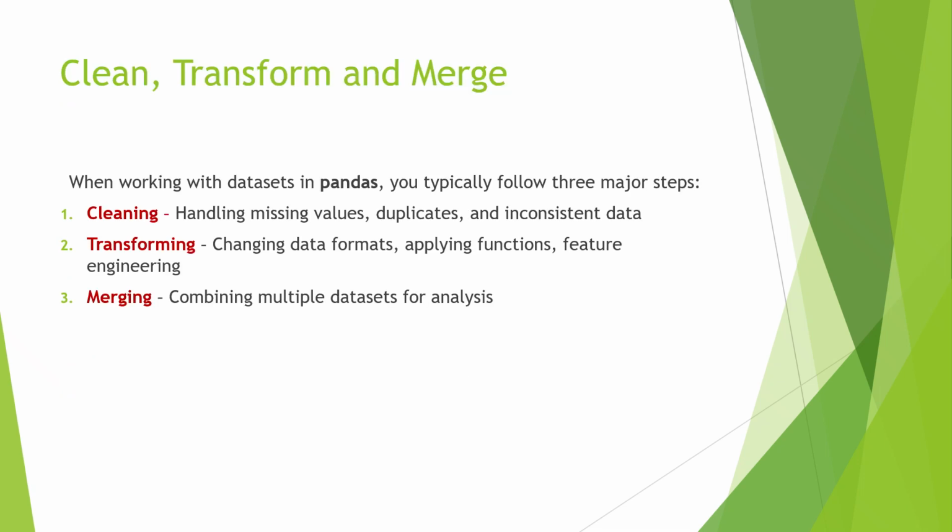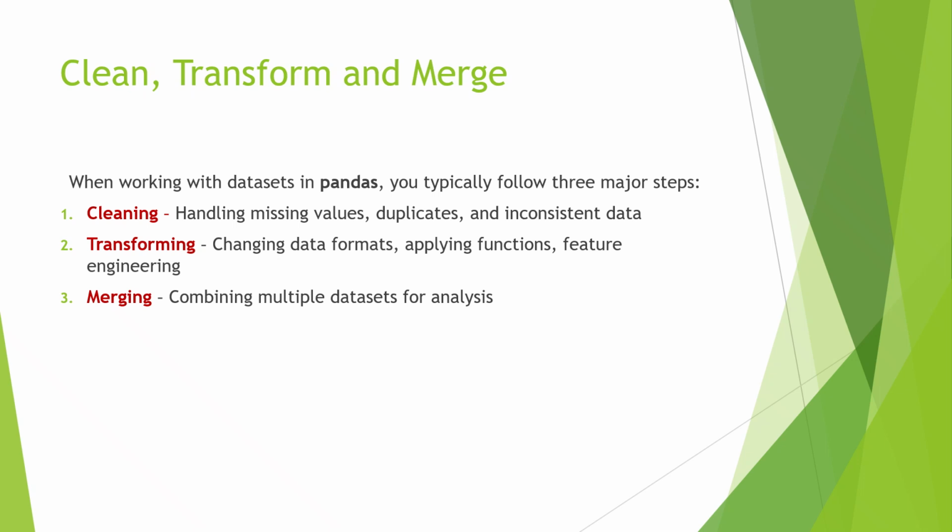When working with datasets in pandas, data processing typically involves three key steps: cleaning, transforming, and merging. Cleaning focuses on improving data quality by handling missing values, removing duplicate records, and correcting inconsistencies to ensure data is accurate and reliable.